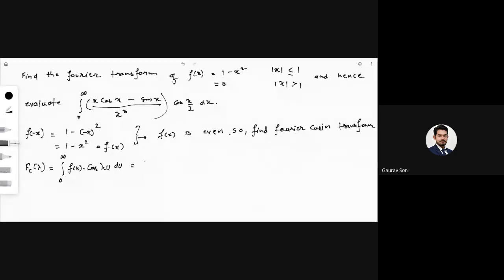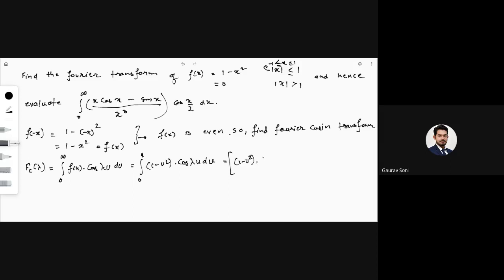Put the values. So integral 0 to 1. Since mod x less than 1 actually means that minus 1 is less than or equal to x less than or equal to 1, the integration is from 0 to 1. 1 minus u square cos lambda u du. So let's integrate 1 minus u square.